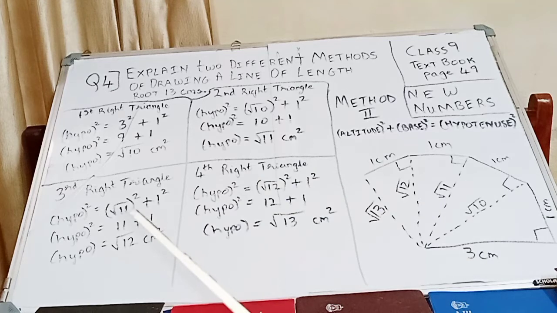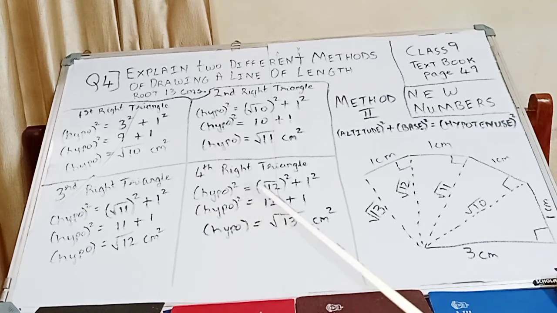So square root of 11 square plus 1 square, 1 into 1 is 1 itself. Square root of 11 into square root of 11 is 11 itself, plus 1, you will get 12. Once the square goes to the opposite side of the equal to sign, it becomes square root of 12.